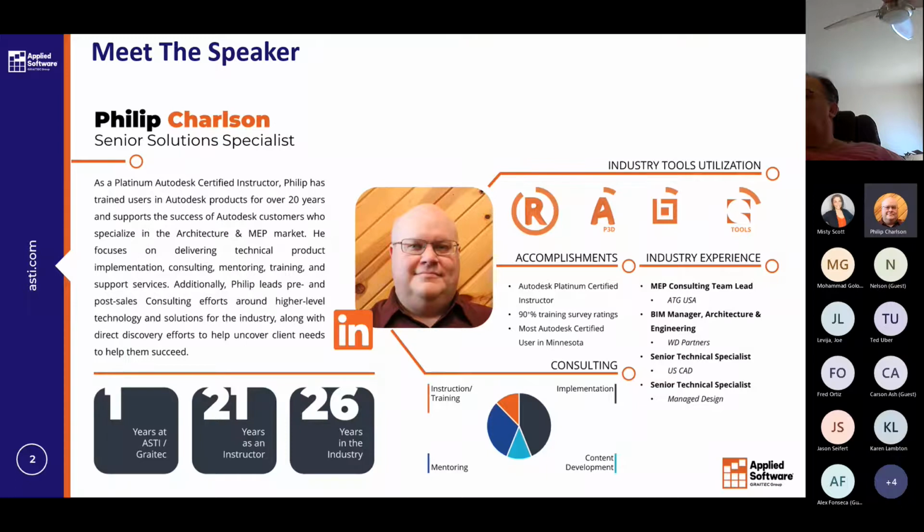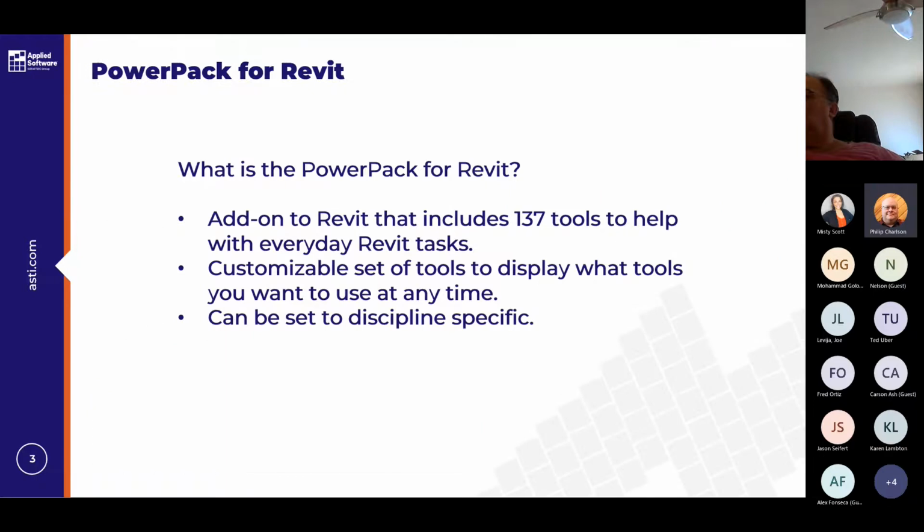So we want to look at some ways to make your projects work a little bit better. What we're going to be doing is looking a little bit at the Power Pack for Revit. The Power Pack for Revit is a tool, or several tools, I should say, that is an add-on to Revit. It is 137 different tools to help with your everyday Revit tasks.